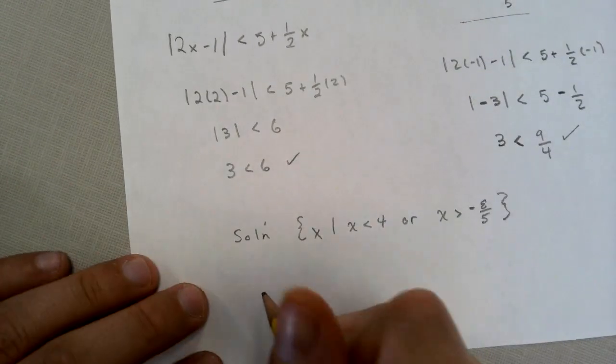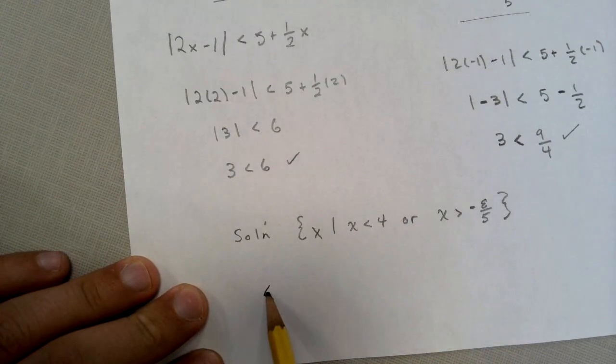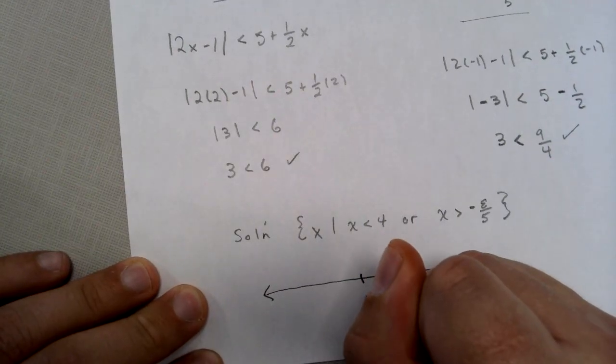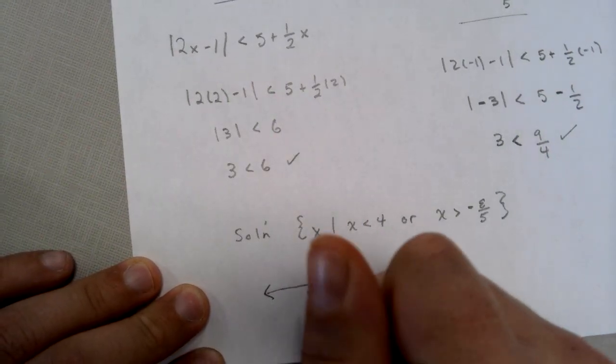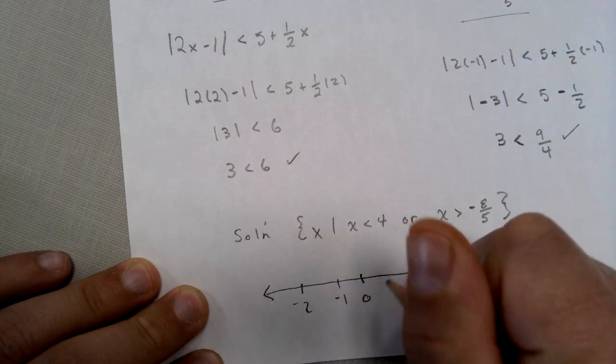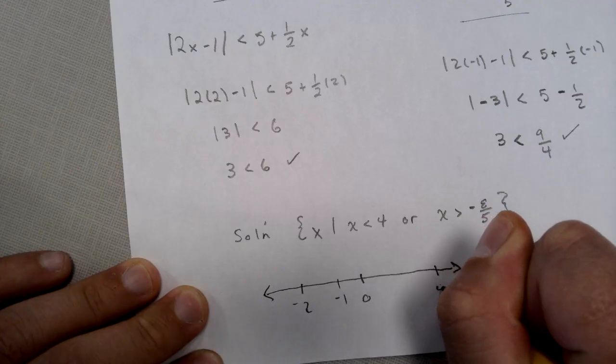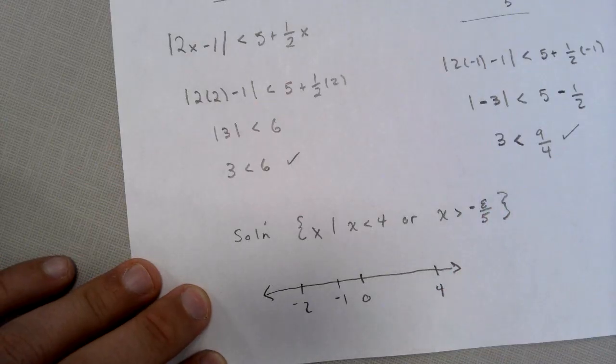So on a number line, say we have 0 here, negative 1, negative 2, and we'll just say 4 is up here.